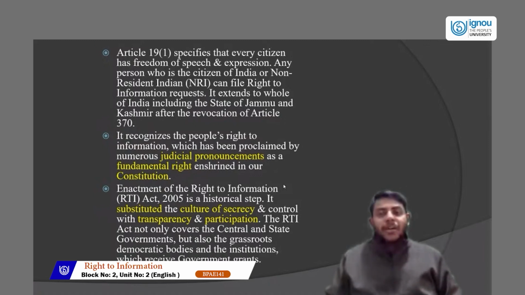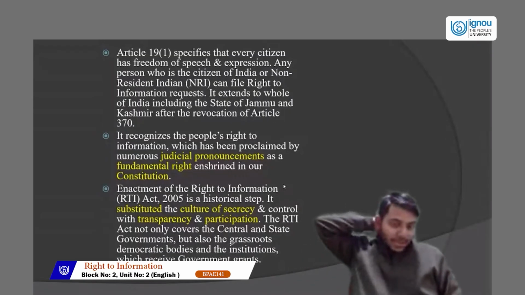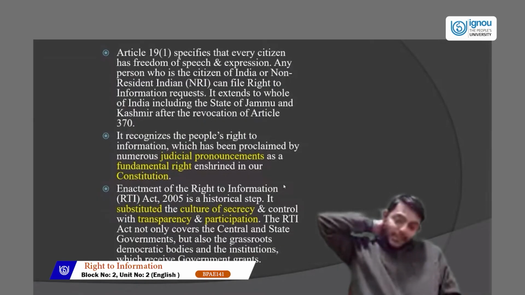So the enactment of this RTI Act of 2005 was a historical step, and it substituted the culture of secrecy and control that existed in government agencies. So the culture of secrecy and control was substituted by that of transparency and participation.